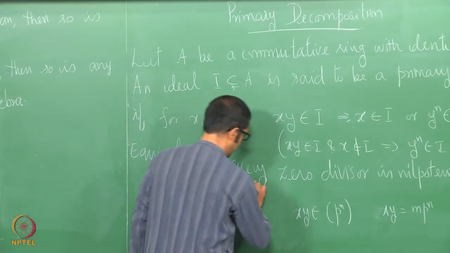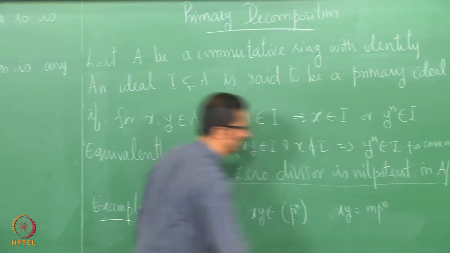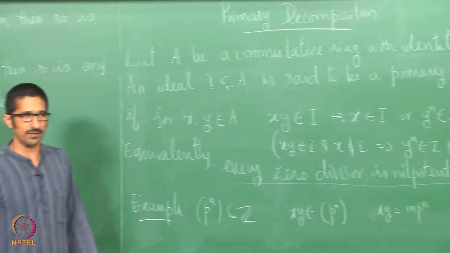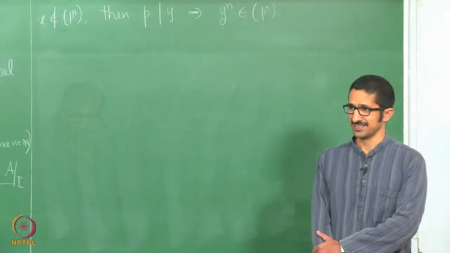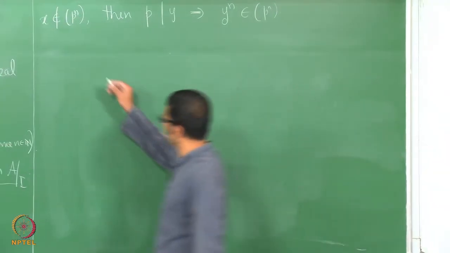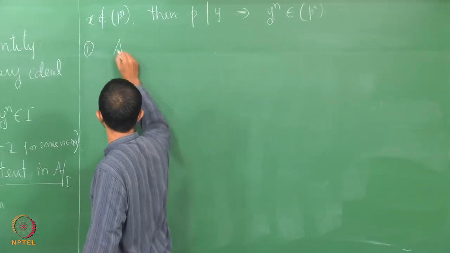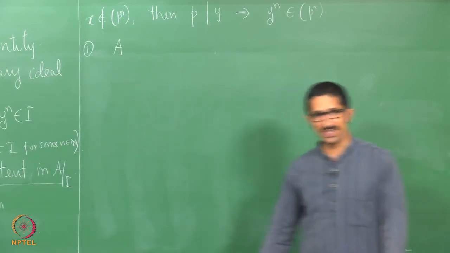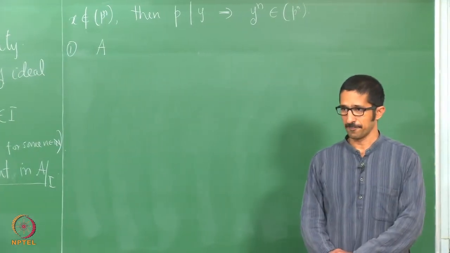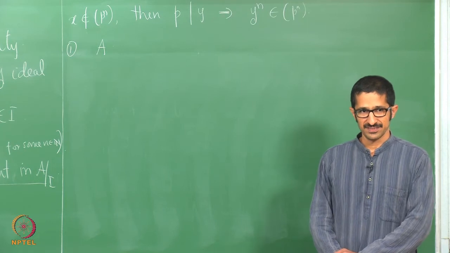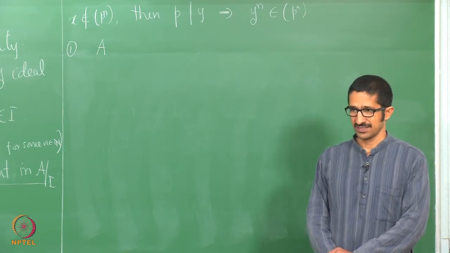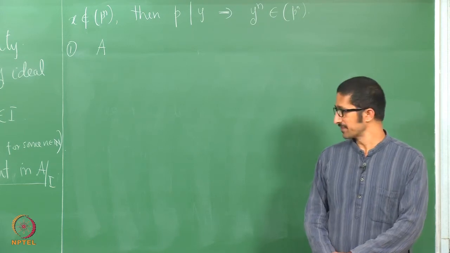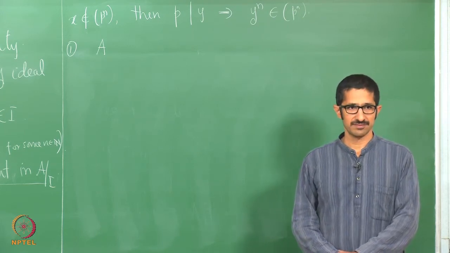Now can you read this line once again and give me an example of a primary ideal in general? So I just start with a commutative ring A. What if there are no zero divisors?